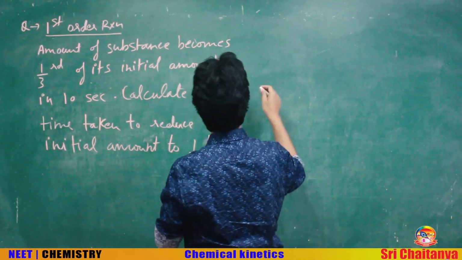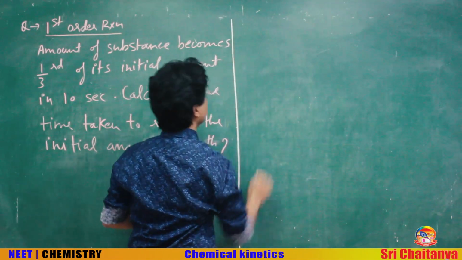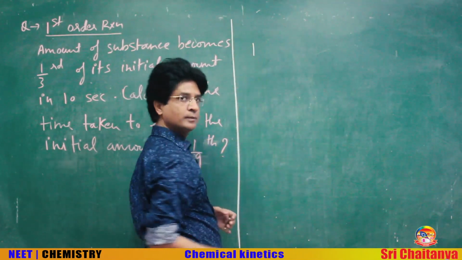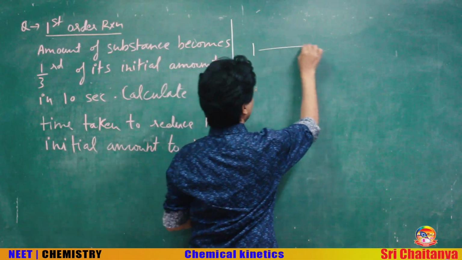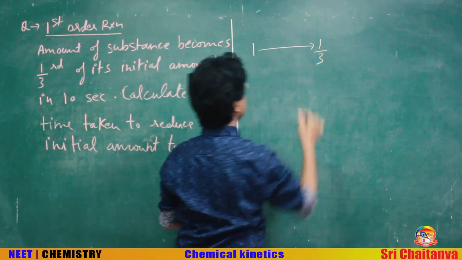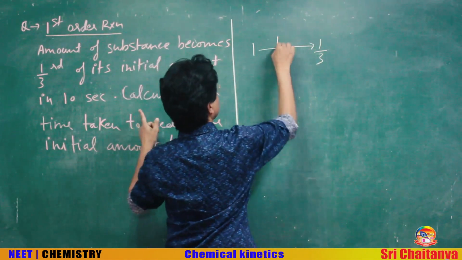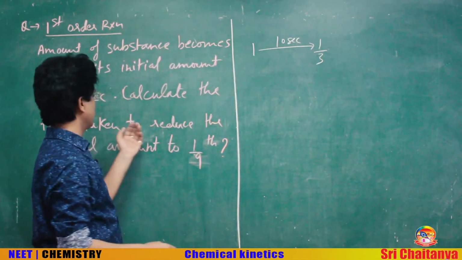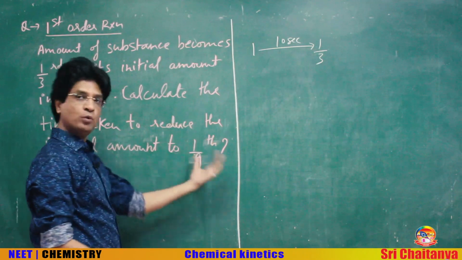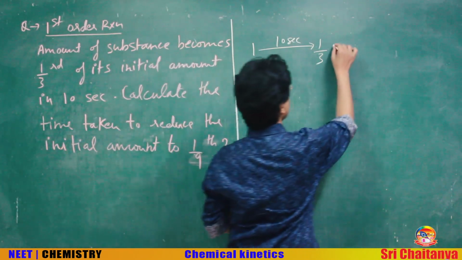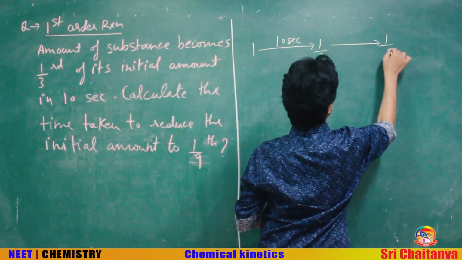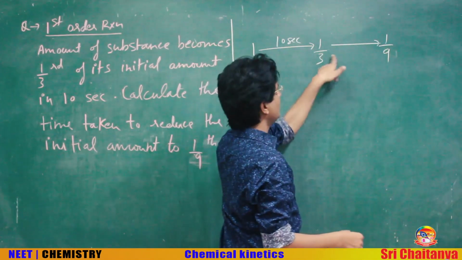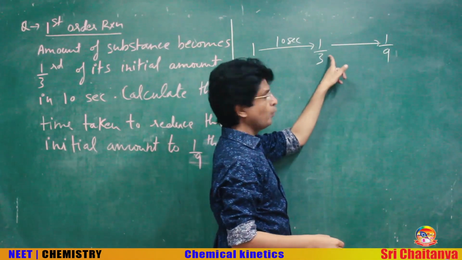So let's take the initial amount as 1. It will become 1/3 in 10 seconds. Now they are asking how much time it will require to reduce the initial amount to 1/9. So you see 1/9 is nothing but 1 by 3 of 1 by 3.